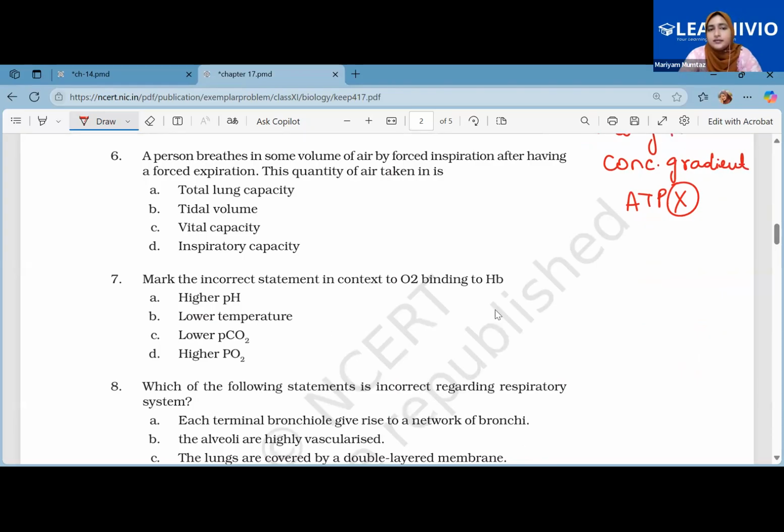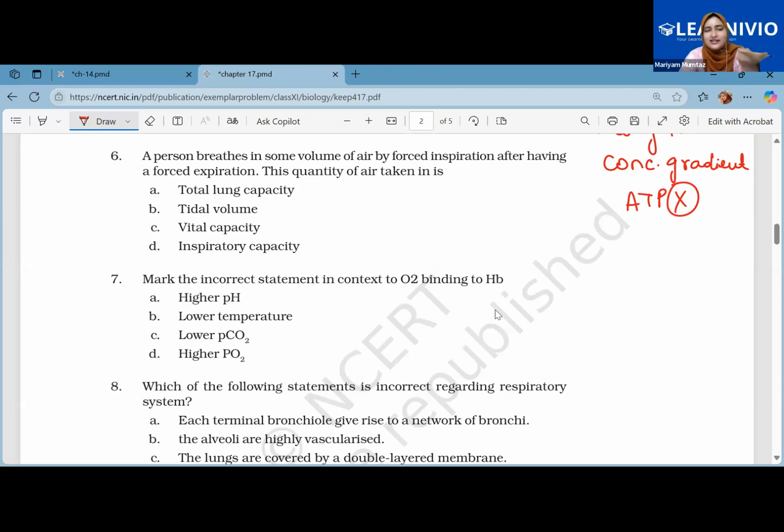Now a person breathes in some volume of air by forced inspiration after having a forced expiration. This quantity of air taken is called as this.